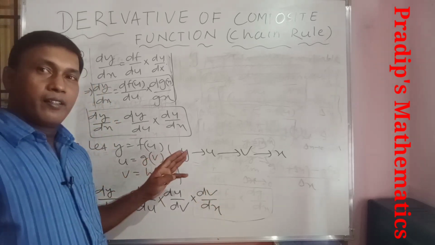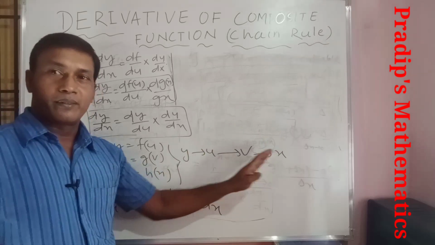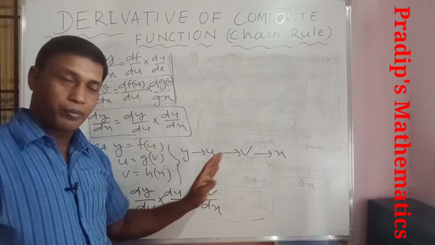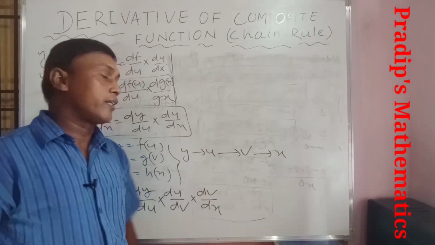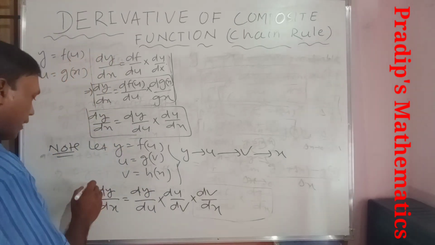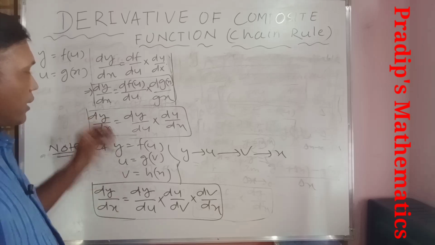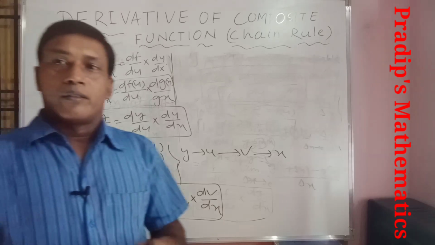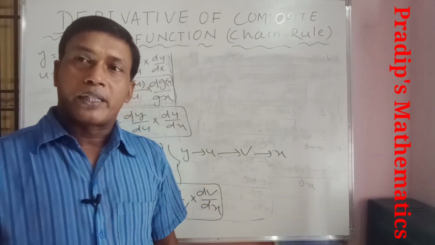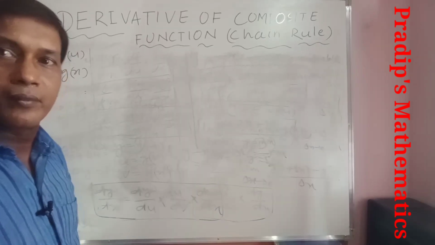This is leftmost to rightmost. This is a run from the leftmost function to the rightmost function. So this is the extended form of chain rule. By this we can apply chain rule to differentiate any composite function.